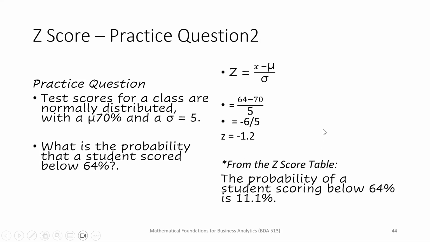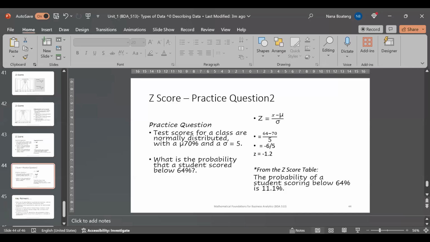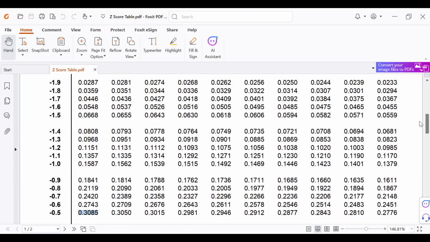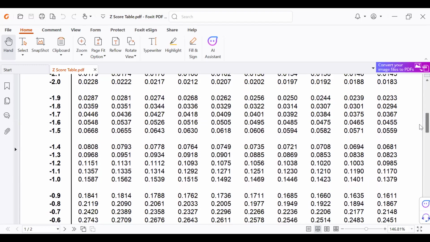So we go to our z-score table. This time around, we'll be looking at the negative side, isn't it? We are looking for 1.2. So we are on the negative side. Let's go to 1.2. So this is 1.2 on the z-score. Okay, so it's 1.20, isn't it? So in this case, we are going to use this probability, 0.1151.